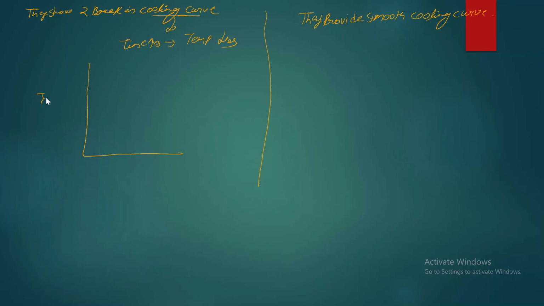Here, temperature is on one axis and time on the other. In this graph, the first declining line represents the first fall in temperature, and this straight line represents constant temperature. Why is this so?